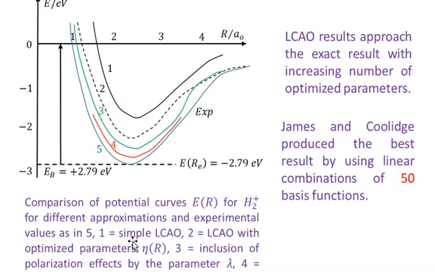So 1 gives you the result of the simple LCAO method. Simple LCAO method is given in plot number 1, and you know that plot number 1 is much deviating from plot number 5, which is the experimental data.